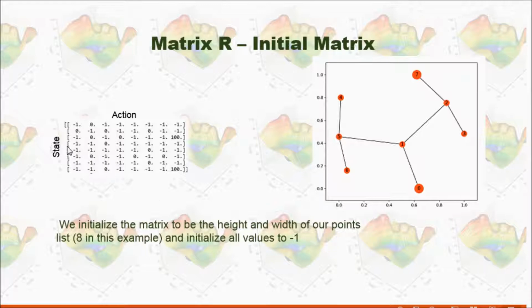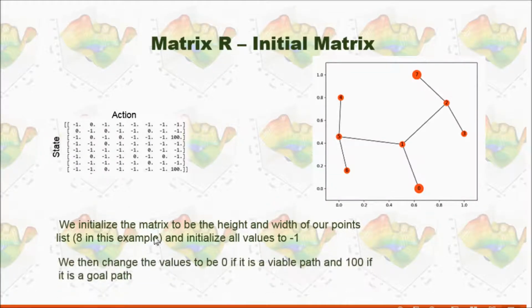Initially, we'll set all values to -1. And then we'll say, okay, if it's a valid movement, we'll set it to 0. Say, from 0, we can go to 1. So, from 0 to 1, it should be 0 as the initial value in this matrix. Let's take a look. This is 0, and then this is 1.